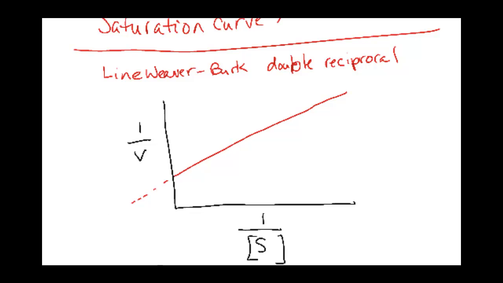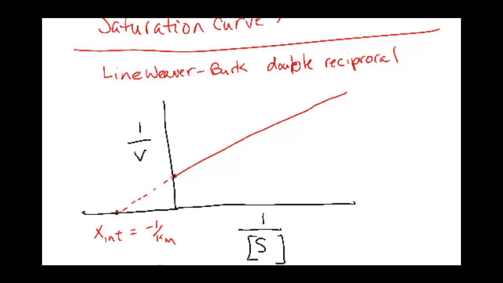What is the benefit of doing this? Well, you're able to then use the fact that the x-intercept right here has a relationship. The x-intercept for a Lineweaver-Burke plot is going to be equal to negative 1 over Km.